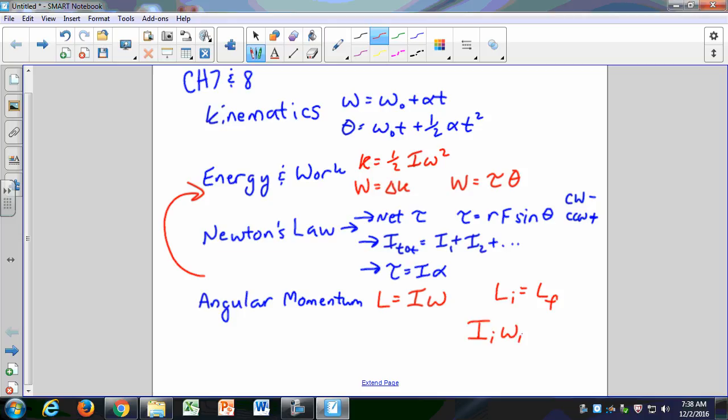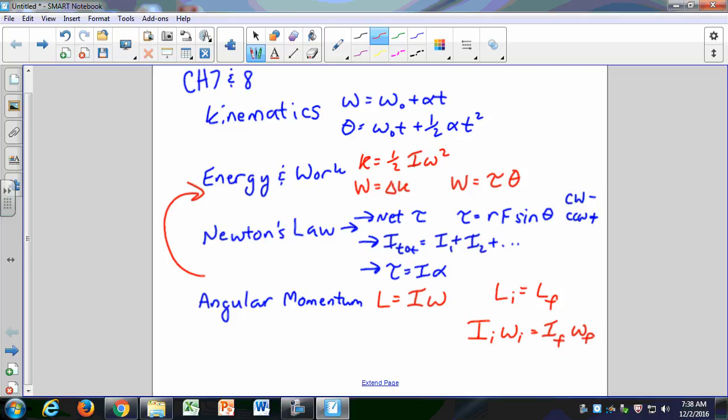I initial omega initial equals I final omega final. When I cause the masses to come in, that decreases I final, which causes omega to increase.